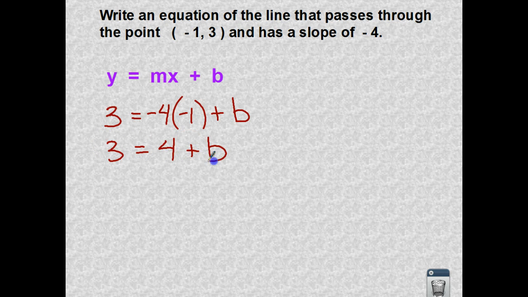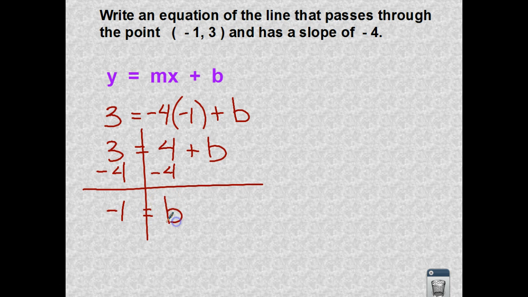So we have 3 equals 4 plus b. So to solve for b, we take 4 away from both sides. If you want me to show that for you, we'll subtract 4 from both sides, and we have -1 equaling b.